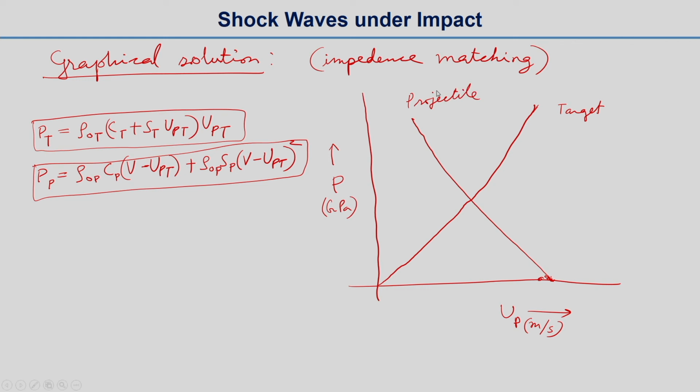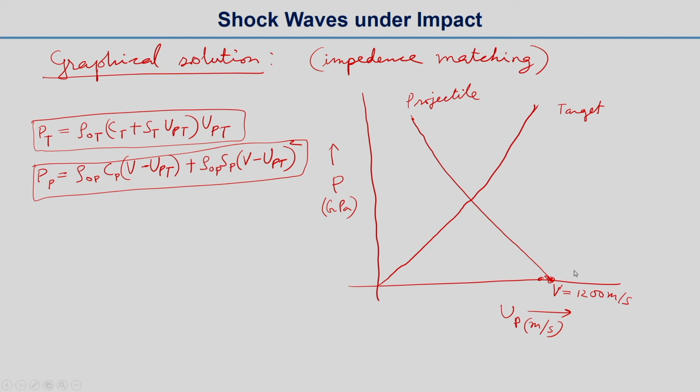As you know, for this projectile, this one should be your impact velocity, that is 1200 meter per second, because for the projectile we are plotting UP, and that UP cannot be higher than the impact velocity. It will start from this.